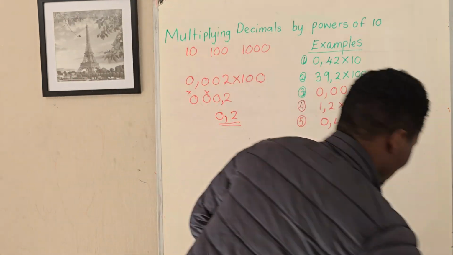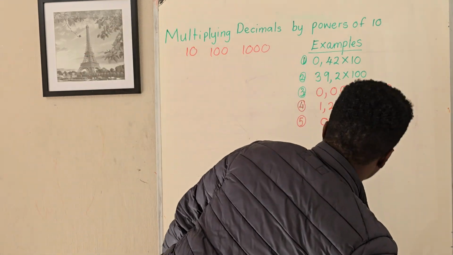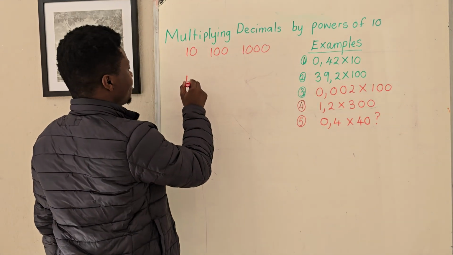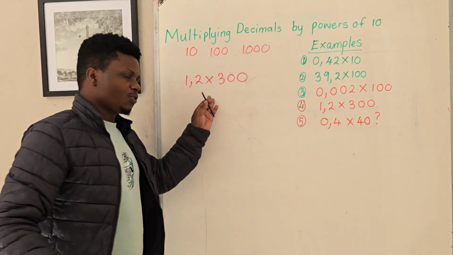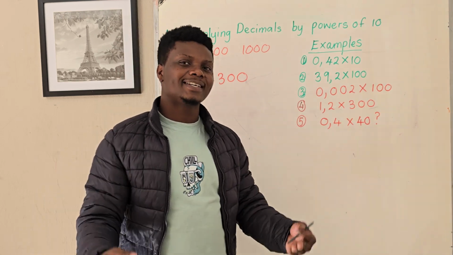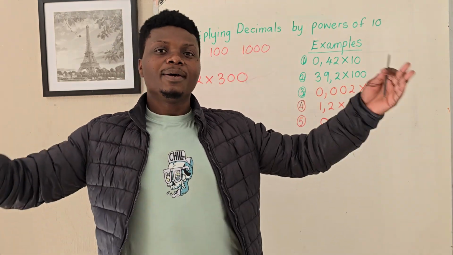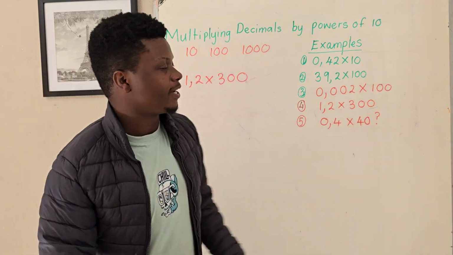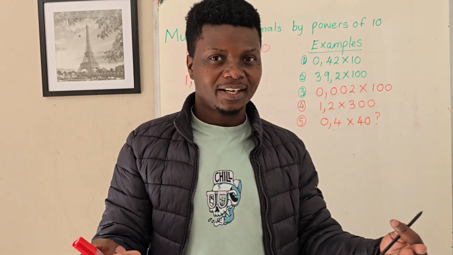Let's do a tricky one now. The tricky one says 1.2 times 300. Is 300 a power of 10? No. Because powers of 10 are 10, 100, 1000, 10,000, 100,000, a million, 10 million, and so on. So 300, how can I make 300 a power of 10?